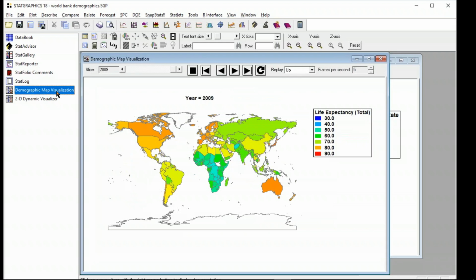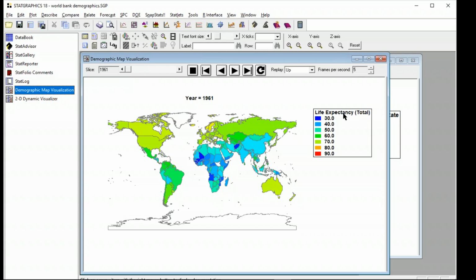Another interesting way to show changes in life expectancy is to do it on a map. Okay, we also have a dynamic map where we can plot for every country around the world the life expectancy using color codes.